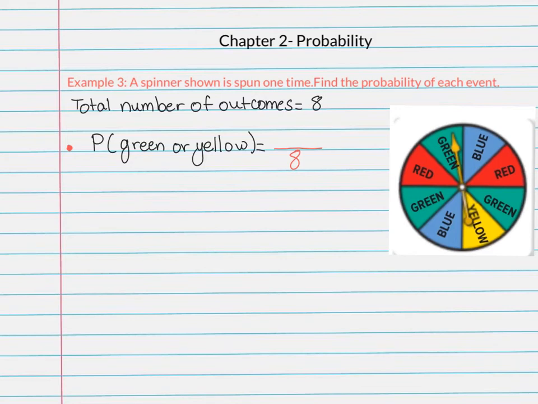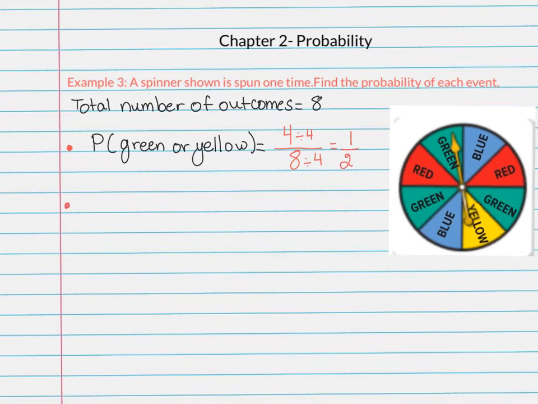We'll start with the green. 1, 2, 3. Then the yellow. 4. So that's a total of 4. Then the fraction is 4 out of 8. Remember, if we can simplify, we need to simplify. Divide by 4, divide by 4, and that's a 1 over 2, or you can simply use your calculator.